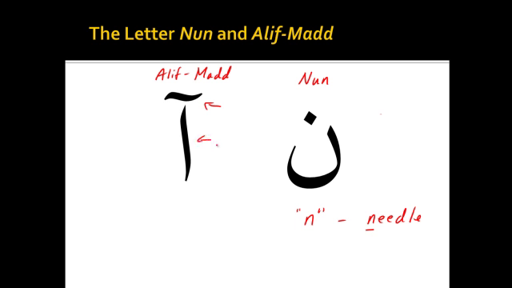And again, this is an Alif here, and this is the squiggly line that indicates what we call the Mad. Now, an Alif-Madd is actually a Hamza and an Alif. So this letter here is actually the combination of a Hamza and an Alif together.